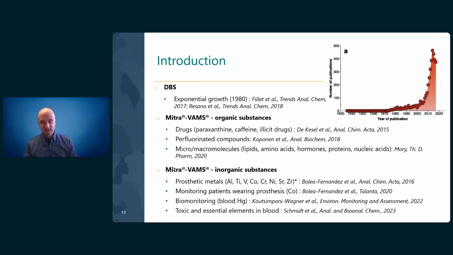And recently, in 2022, a biomonitoring study used Mitra VAMS devices for mercury measurement in whole blood. And a very recent paper, at the end of 2023, has appeared on toxic and essential elements in blood, which is similar to what I will be showing today.